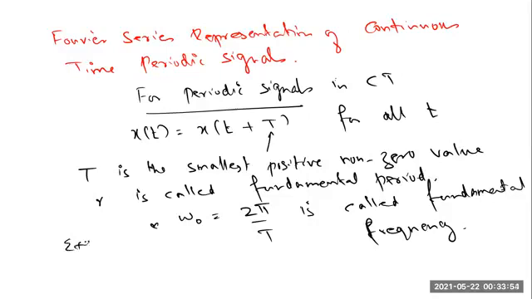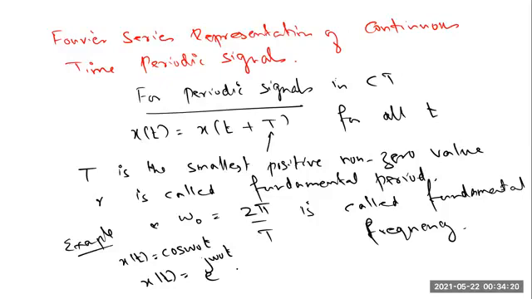One of them is x of t equal to cos omega naught t. So this is a sinusoidal periodic signal. And the other signal that we covered is e to the power j omega naught t. This is a periodic exponential signal.